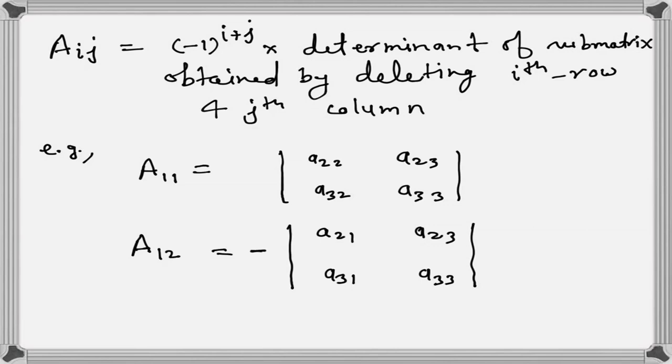So this is the minus sign. Similarly, other Aij can be calculated.